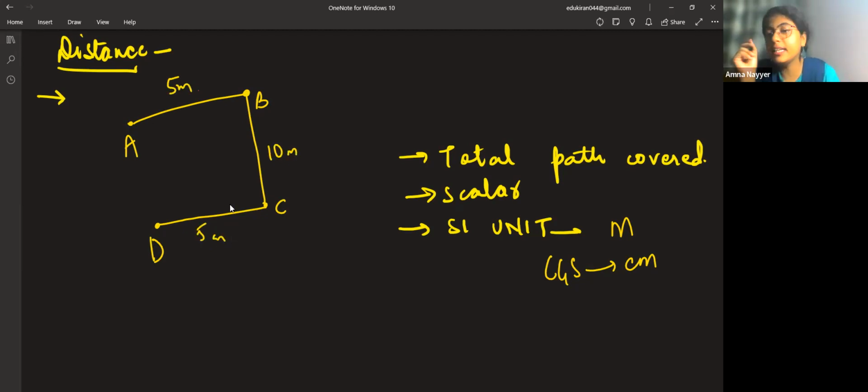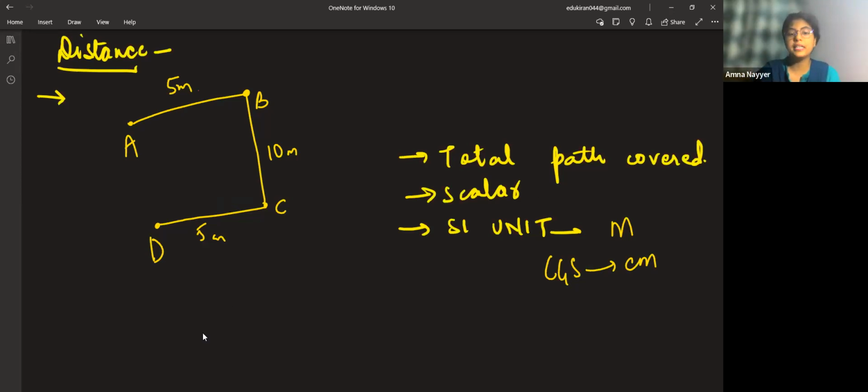So when we say distance, distance means total path that has been covered. Entire, if the person has even stepped back, that will also be counted. Fine, that is what is meant by distance, total path that has been covered.